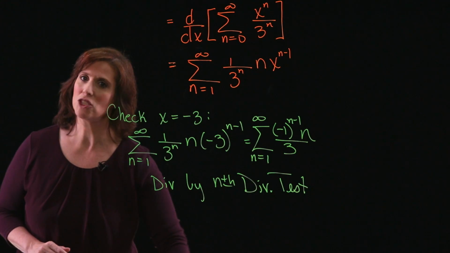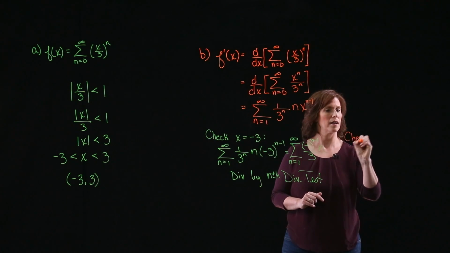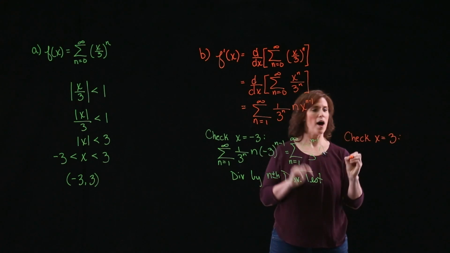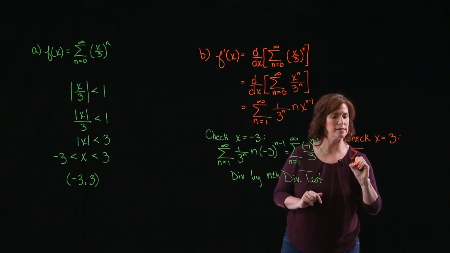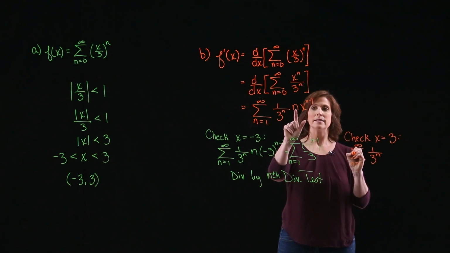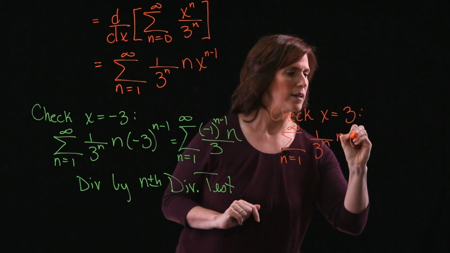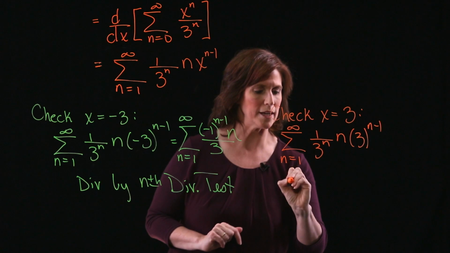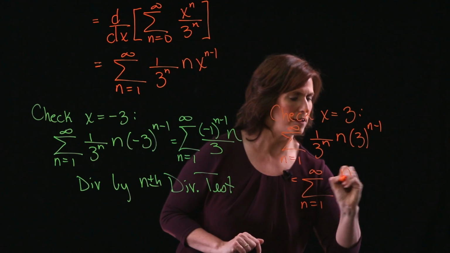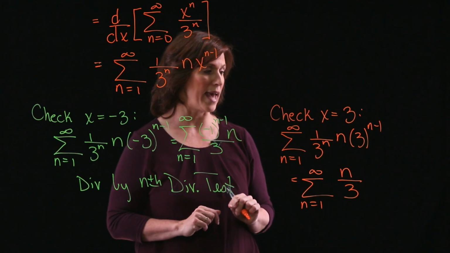Let's check what happens when x equals +3. When x equals +3, my series is the series from 1 to infinity of 1 over 3 to the n times n times 3 to the n minus 1 power, which is my series from 1 to infinity of n all over 3, again because the 3 to the n minus 1 cancels with the 3 to the n.